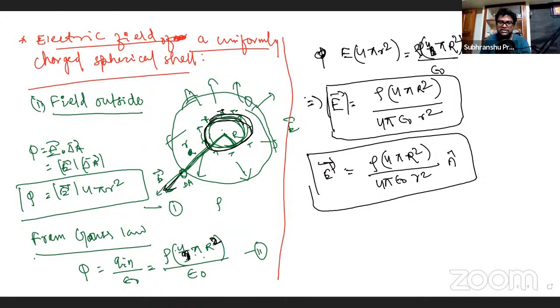Now what about inside the charged sphere? This first was the field outside. Now case 2, field inside. The field inside case will be the simple one.